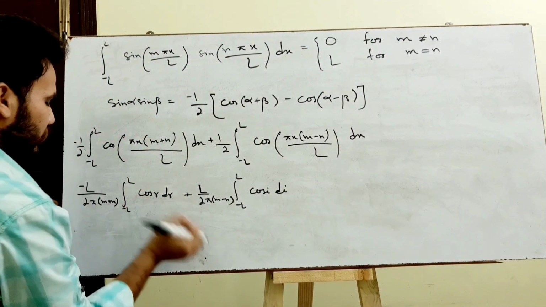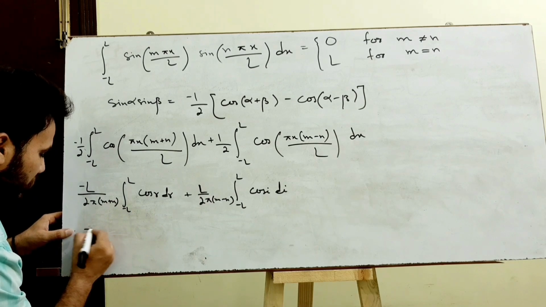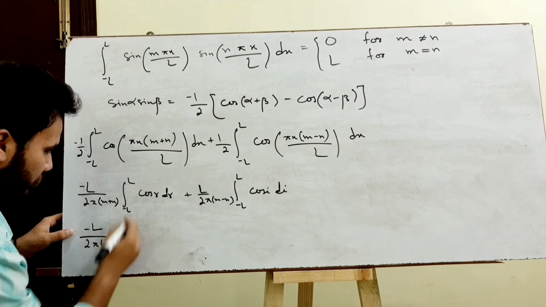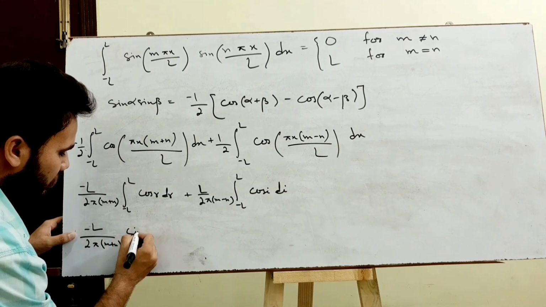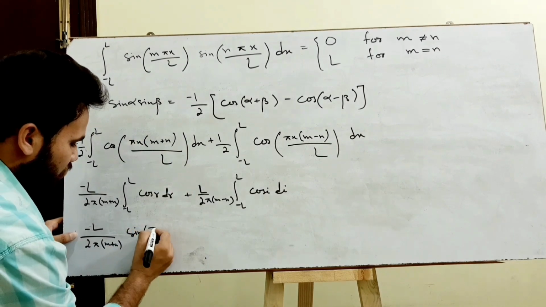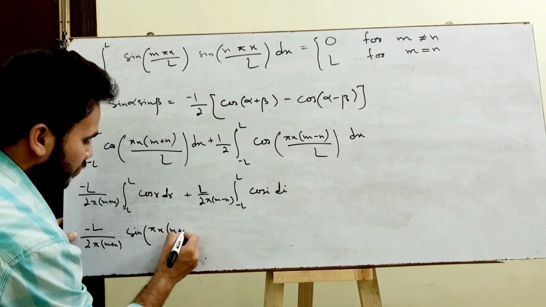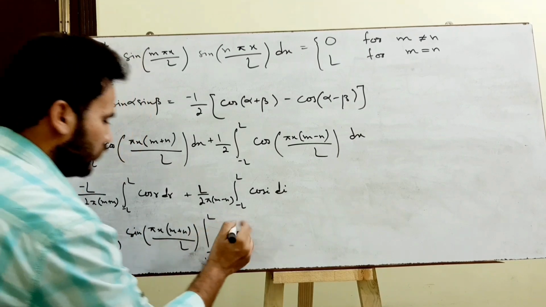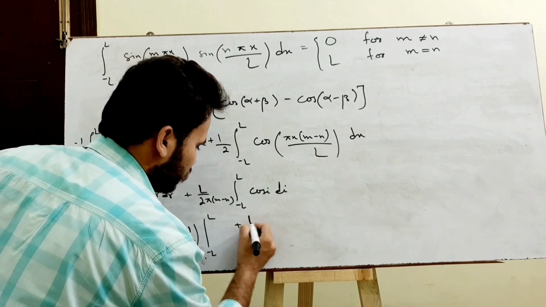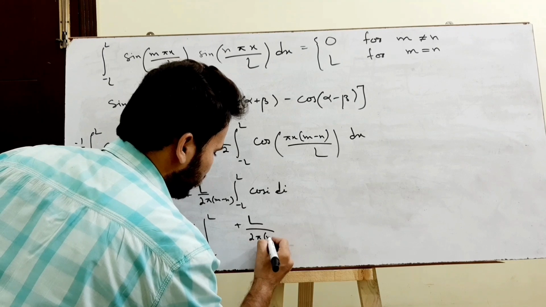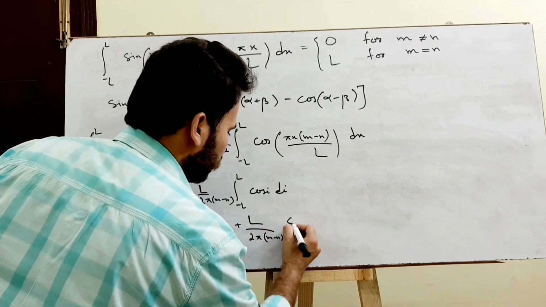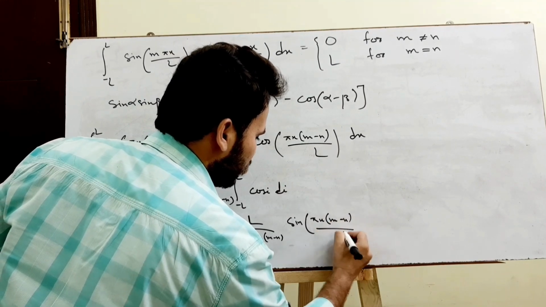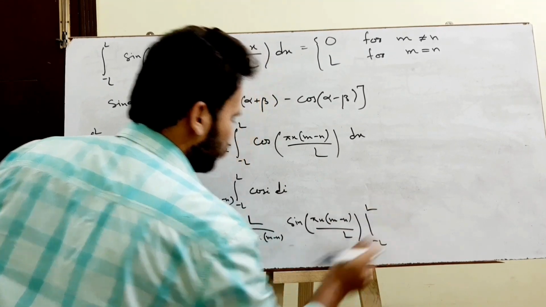The integration of cosine is sine, so this will be minus L over 2 pi (m plus n) sine r, where r means pi x (m plus n) over L, from negative L to positive L, and here plus L over 2 pi (m minus n) sine I, where I means pi x (m minus n) over L, from negative L to positive L.